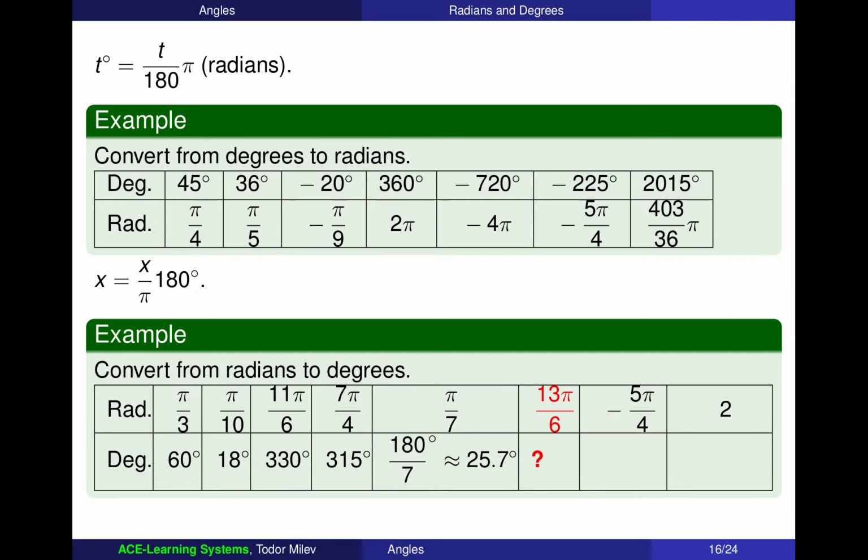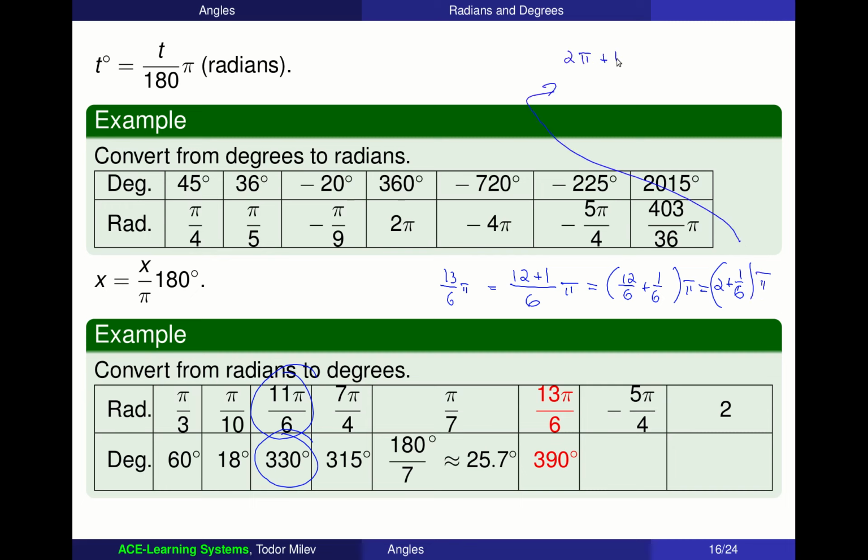13 pi over 6, how many degrees is that? Well, let's see. I guess that's 11 pi over 6 plus a third of pi, right? So it should be 390 degrees, is it? Let's see. 13 sixths of pi is equal to 12 plus 1 over 6 times pi, which is 2 plus 1 sixth pi, which equals 2 pi plus pi over 6.